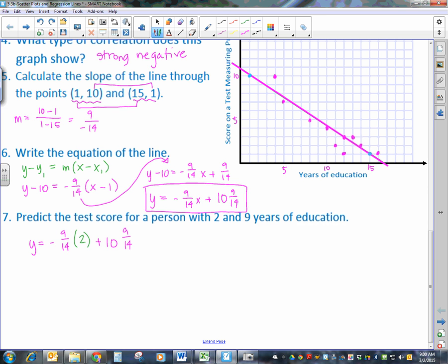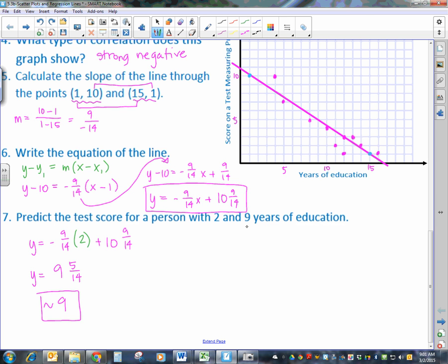Okay, and when you plug that in and you solve it, you will find out that y equals 9 and 5 fourteenths. Okay, to answer the question, they don't get that kind of score. If you notice, all our scores were whole numbers, so we're going to round that to the nearest whole number. So this person's score would be approximately a 9.